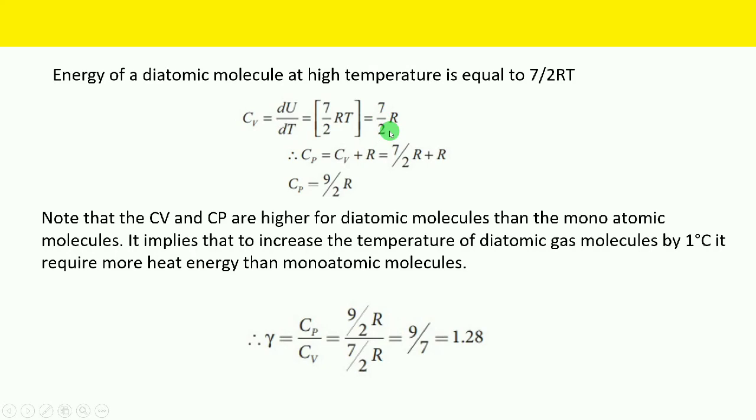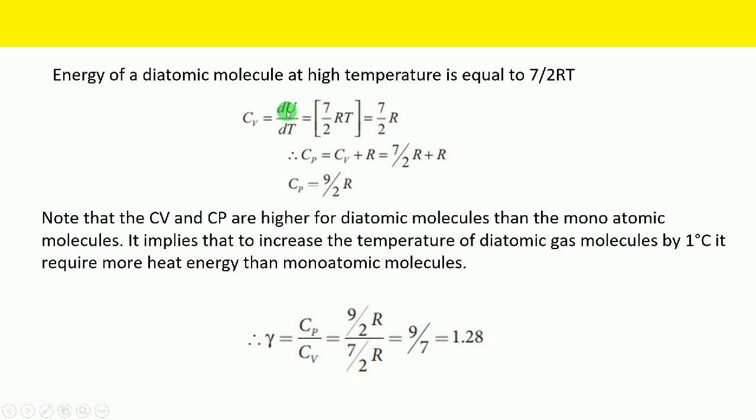So you have to consider vibrational degrees of freedom in addition. In addition to 5 you will consider 2 vibrational degrees of freedom. So 5 plus 2, the total will be 7. So 7 degrees of freedom for high temperature.